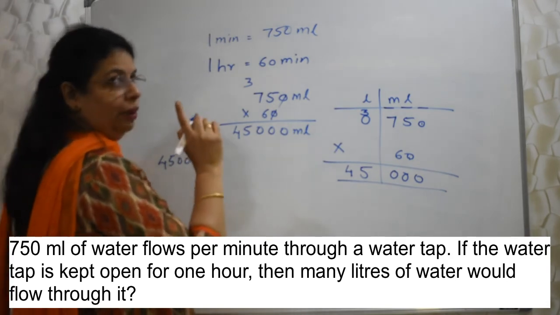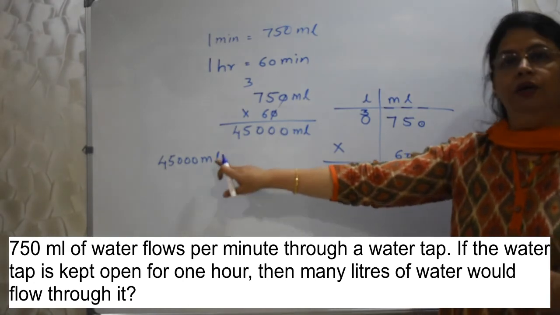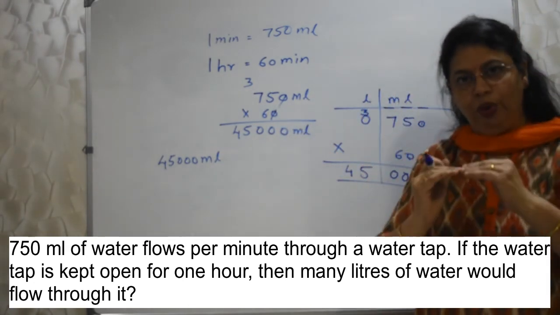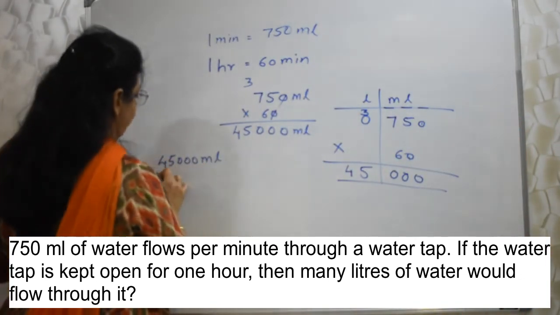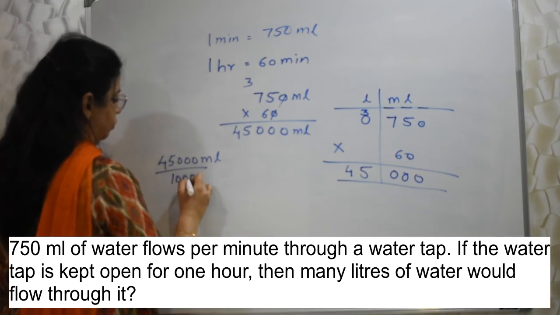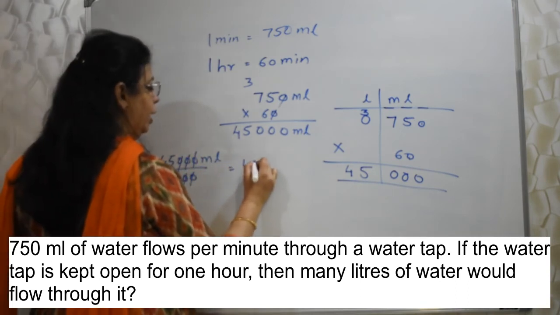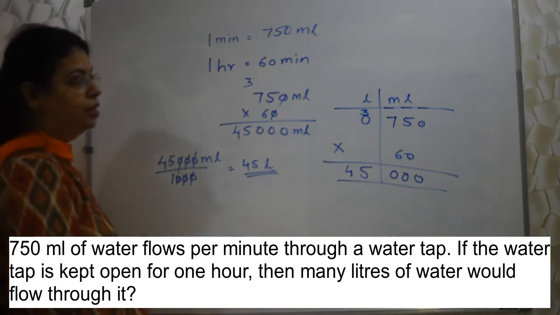With the help of that box which I have given you in the beginning, we have to convert ml into liter. From ml we want to come down to liter, so we need to divide by 1000. So divide by 1000. Zeros gone. It is 45 liters. Answer won't change. Students, answer won't change.